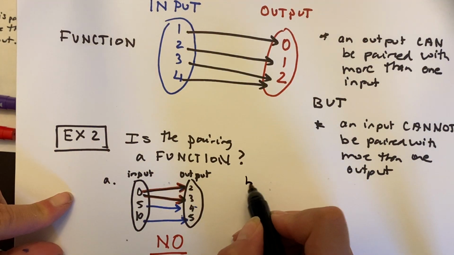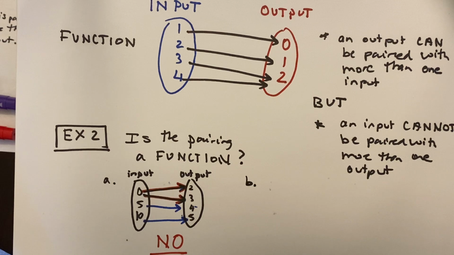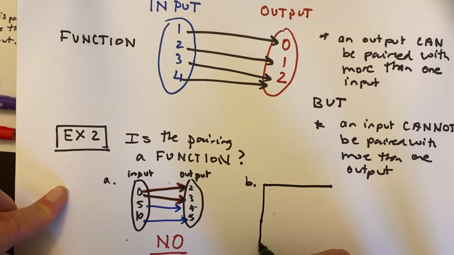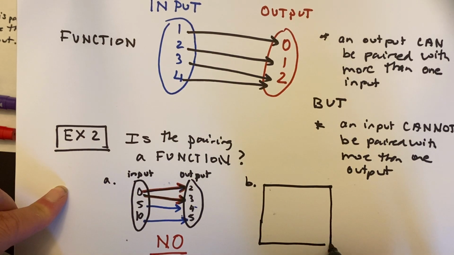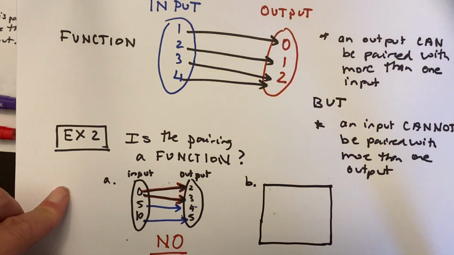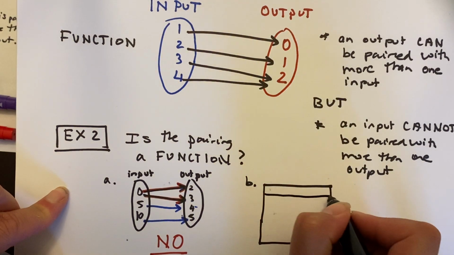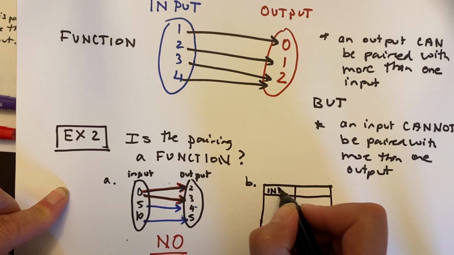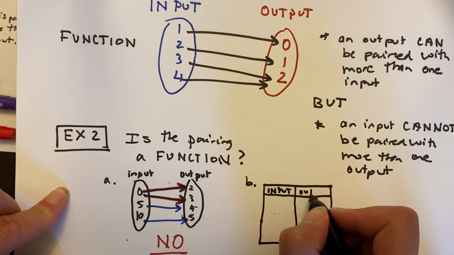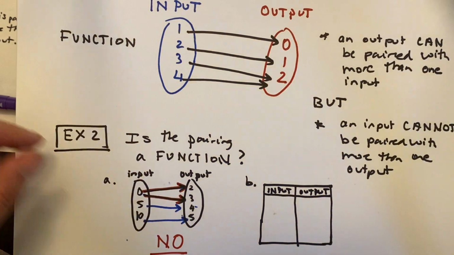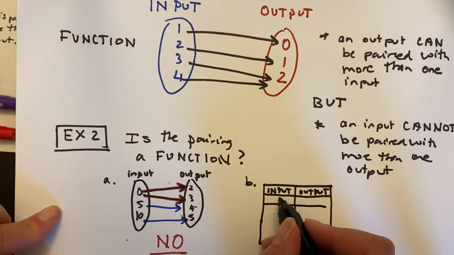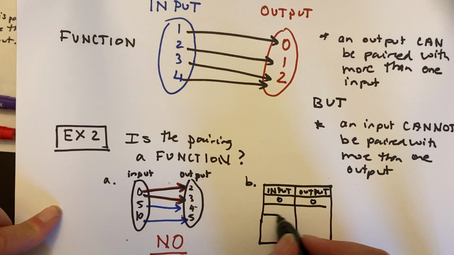Let's look at a different one. And this one, instead of being a mapping diagram, is actually done as a table, where you have an input and output. So when you have an input of 0, you get an output of 0.